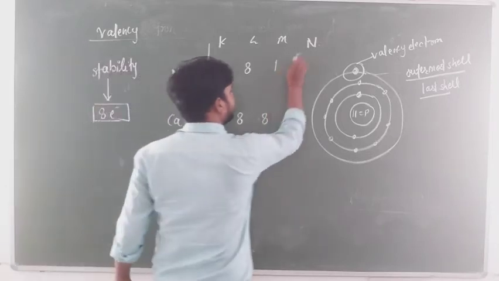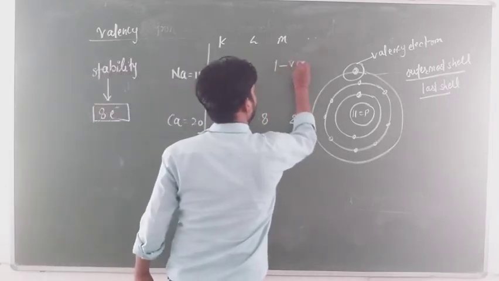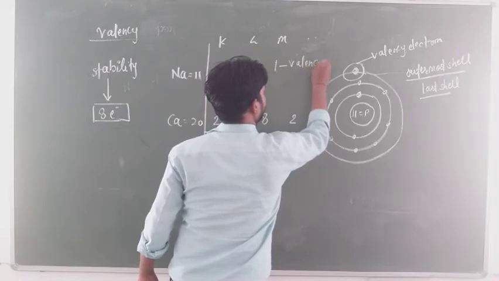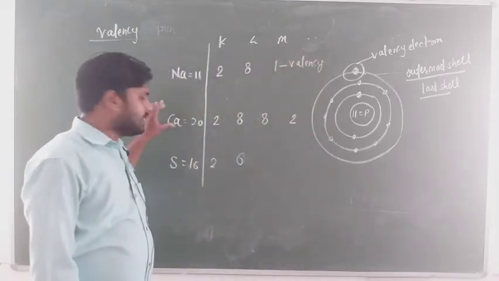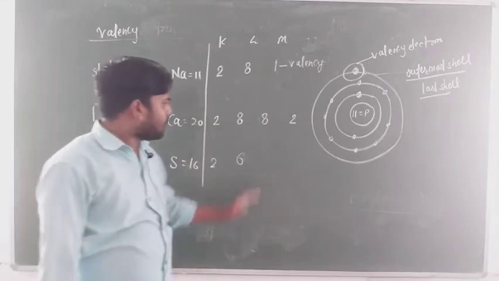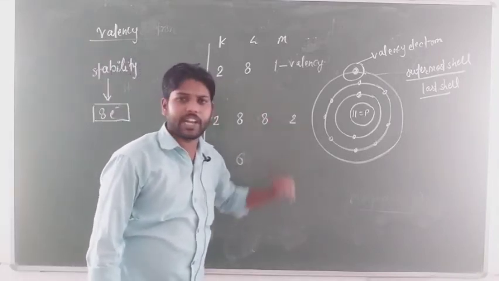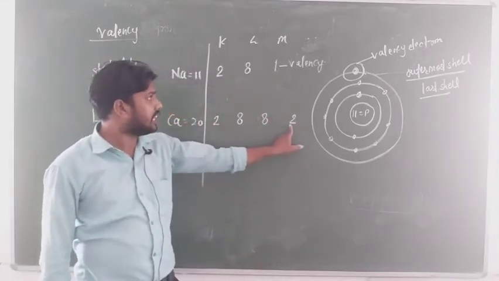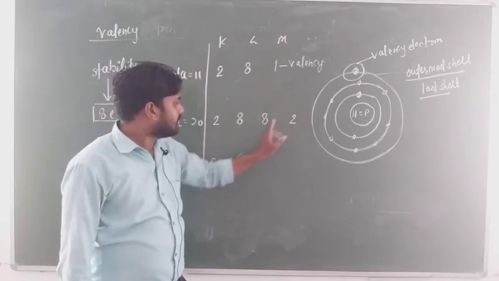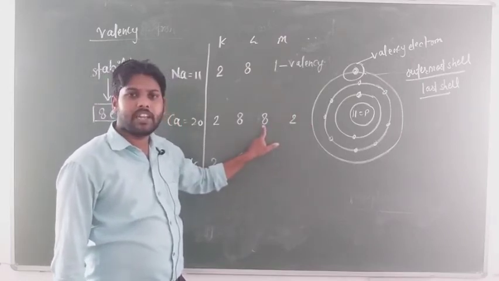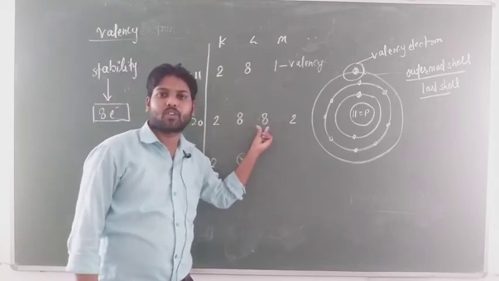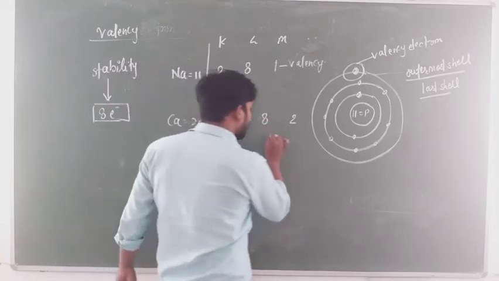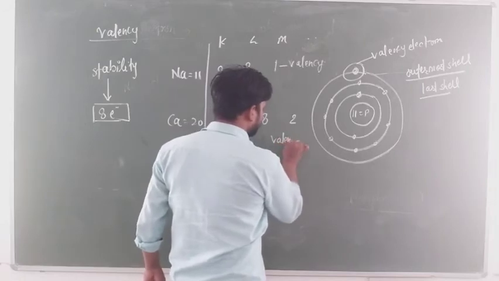So its valency is 1. Now students, the calcium atom. If calcium loses 2 electrons from the last shell, the M shell becomes the last shell and completes its stability having 8 electrons. So 2 will also be its valency.